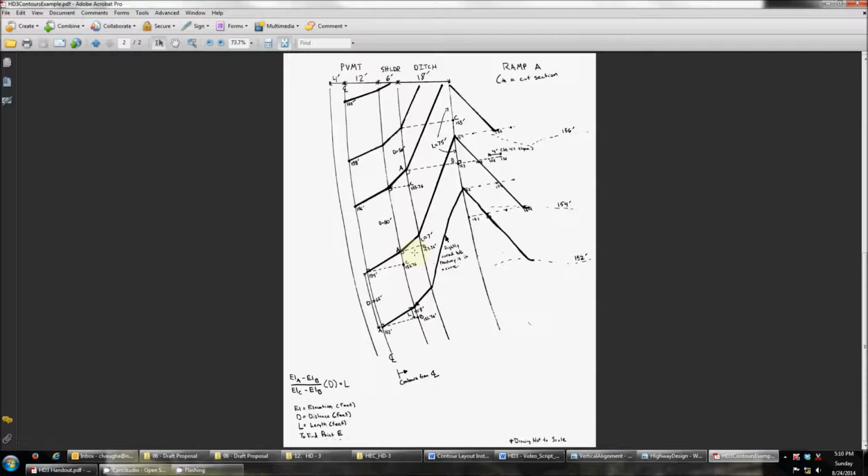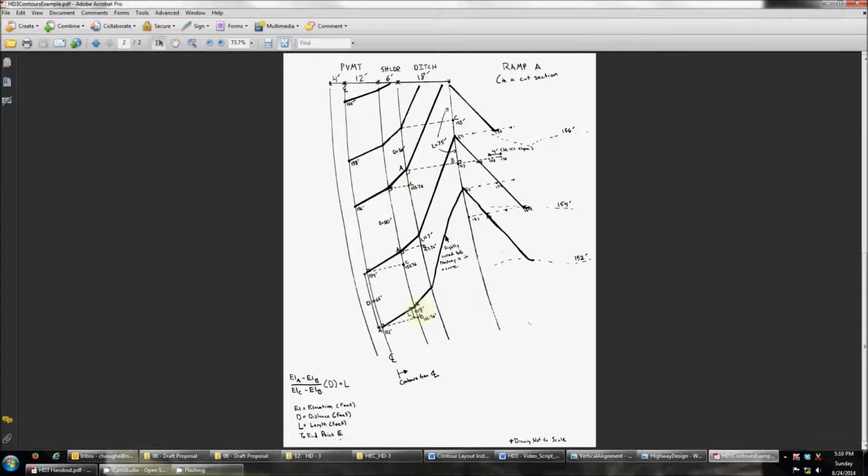Now you're going to subtract this number from each contour point you're referencing to get the elevation perpendicular to each contour point on the edge of pavement. So that's what this dotted line is here, just a perpendicular line from the edge of pavement to the shoulder point.